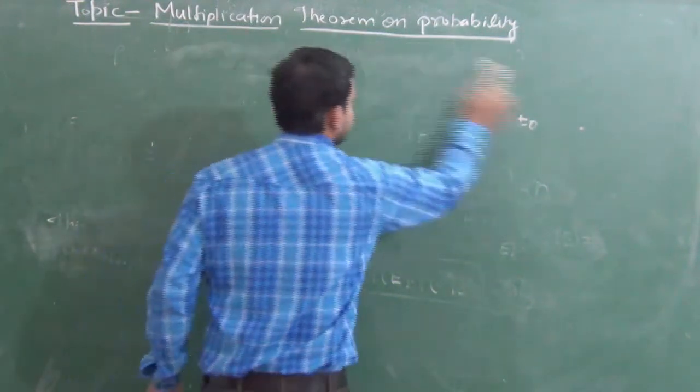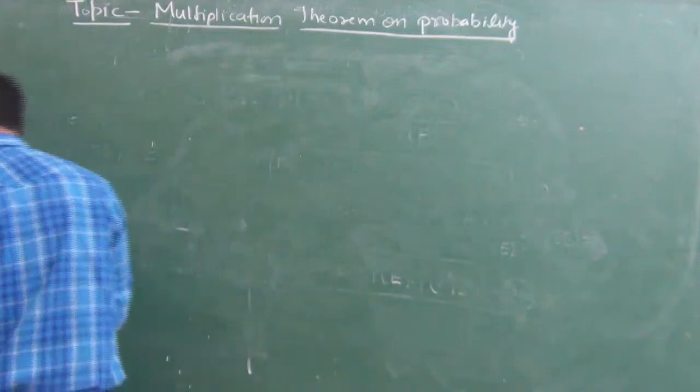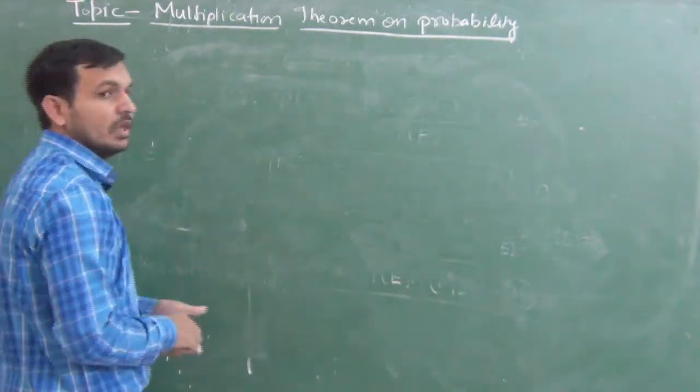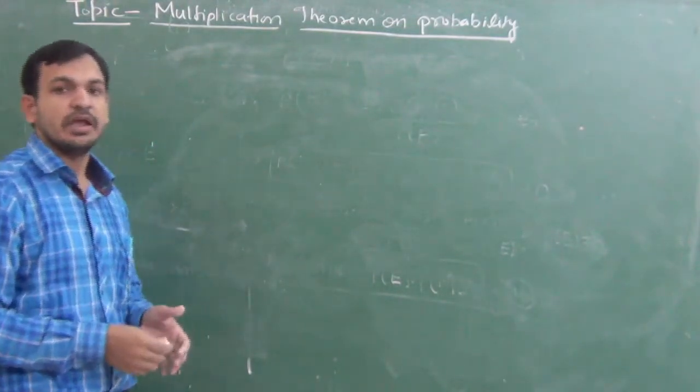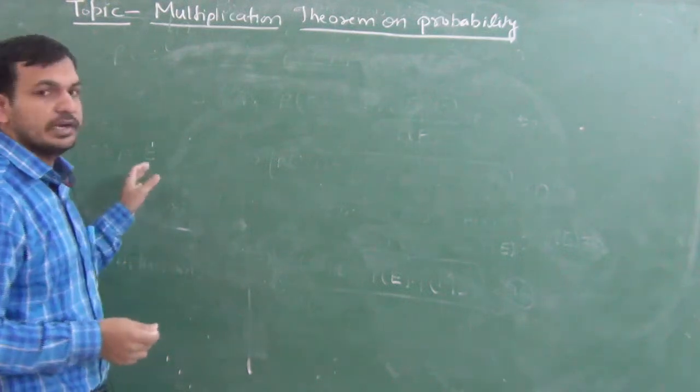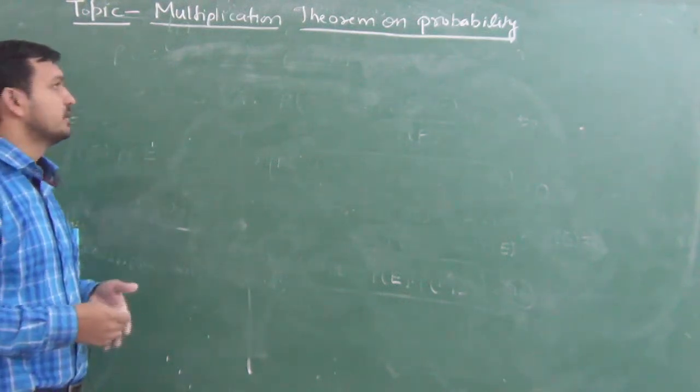Suppose that we have 3 events, event E, F and G, associated with a random experiment.